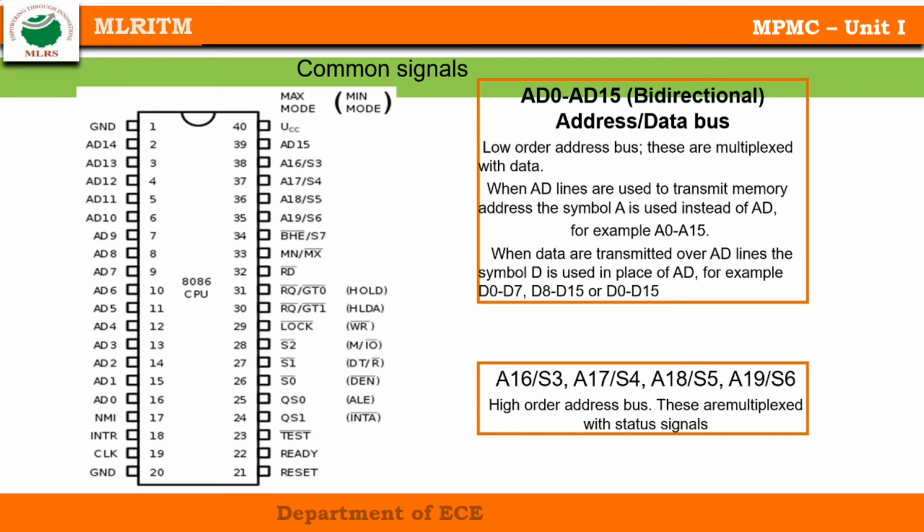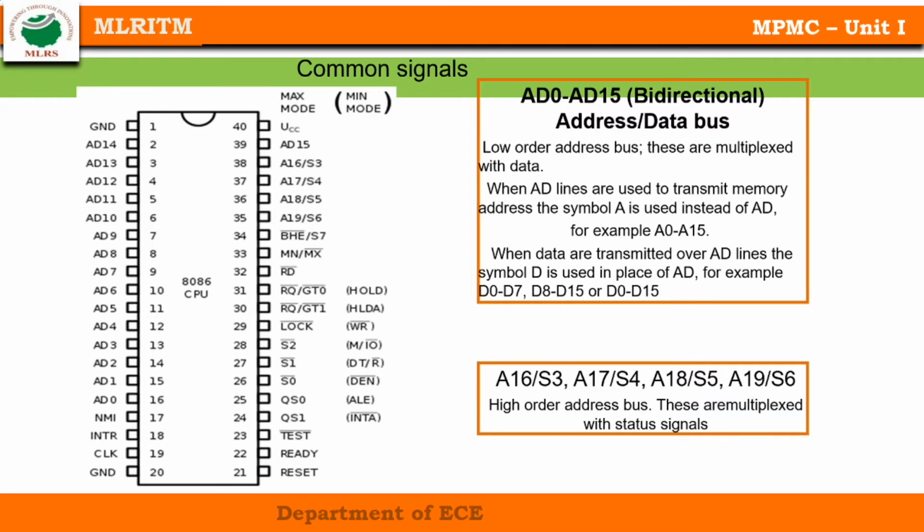Next are pin number 38 to pin number 35. These are the multiplexed address and status lines. During the T1 state, these lines carry the address, and during T2 to T4, they carry the status.